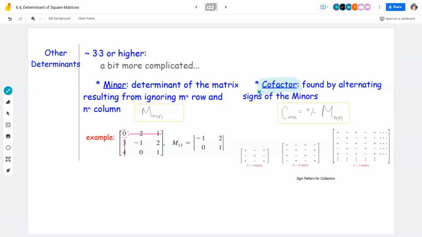A cofactor is found by alternating the signs of, okay, so it's either a plus or a minus determined by wherever it falls in the chart. In the chart? In what chart? Well, let's use this as an example. Let me write it this way.